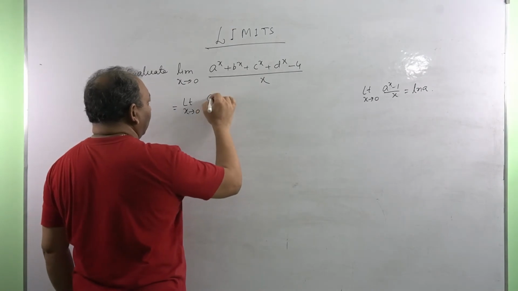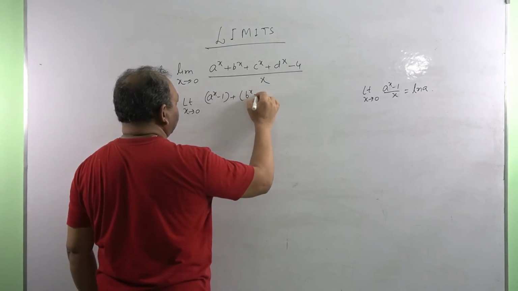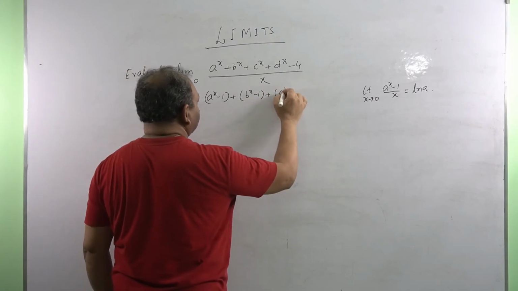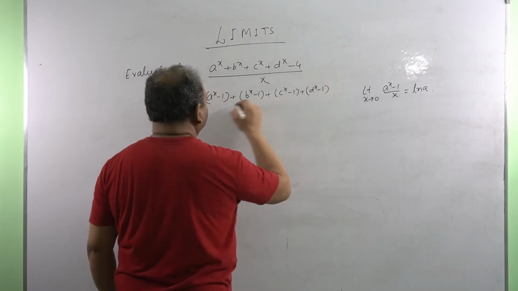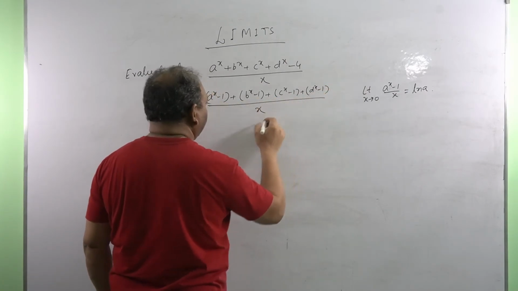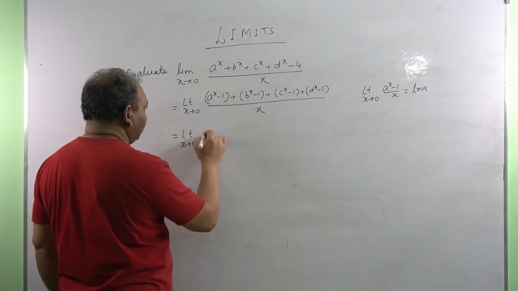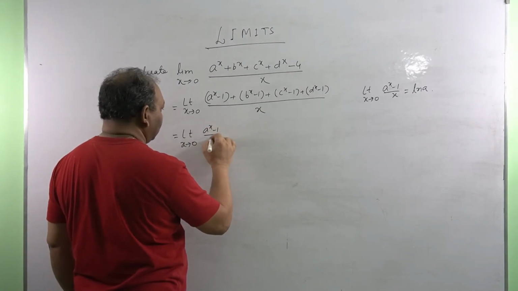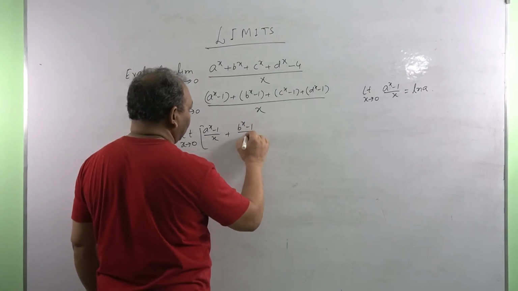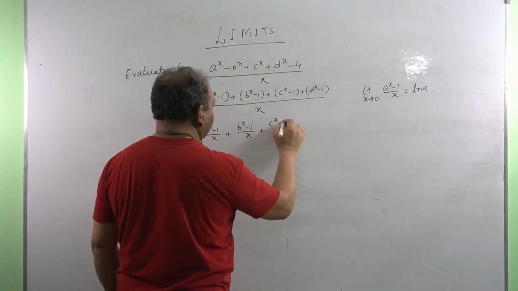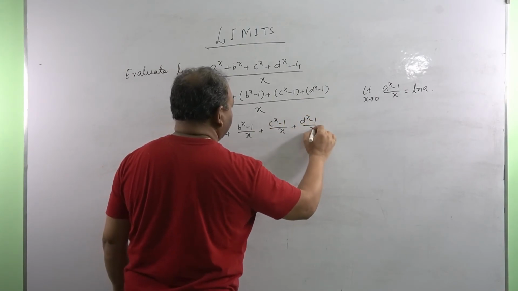So (a raised x minus 1) plus (b raised x minus 1) plus (c raised x minus 1) plus (d raised x minus 1), all divided by x. Now I split: limit x tends to 0 of (a raised x minus 1) by x plus (b raised x minus 1) by x plus (c raised x minus 1) by x plus (d raised x minus 1) by x.